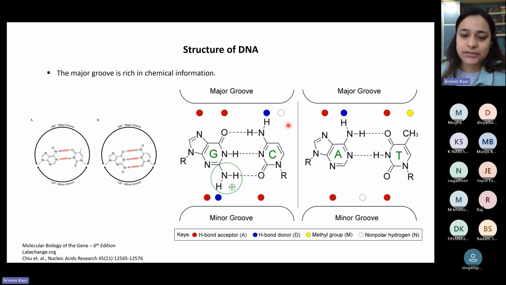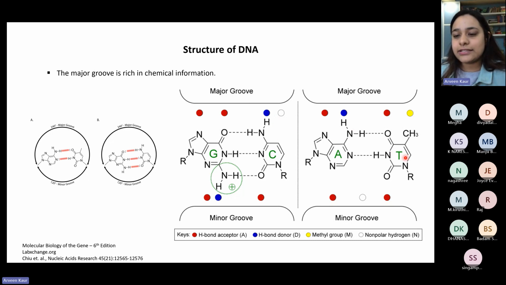What is this signature? Let us read it. First there is a hydrogen bond acceptor, then another hydrogen bond acceptor, then a hydrogen bond donor, and then a non-polar hydrogen, right? If we write it with the notations given, it will be AADN, right? This G to C linkage will be read as AADN.